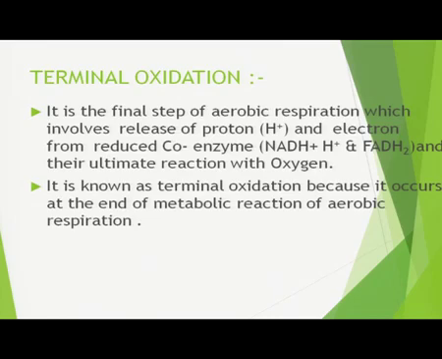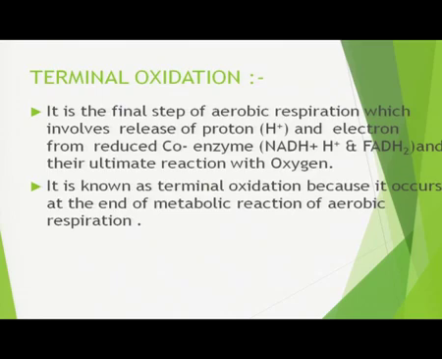Now, look at this session. It starts after the Krebs cycle, that is terminal oxidation, which includes two main steps, that is electron transport chain and oxidative phosphorylation. So, these two combinedly are called terminal oxidation.